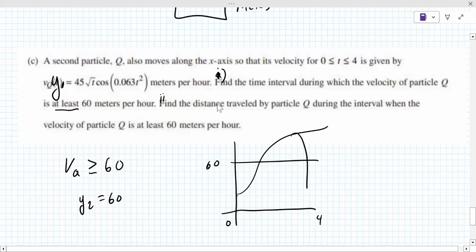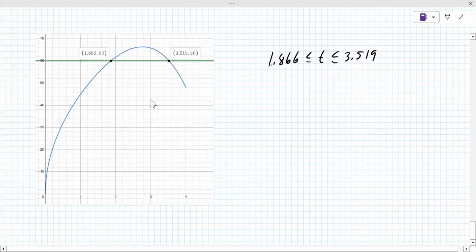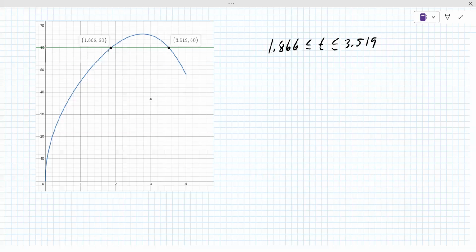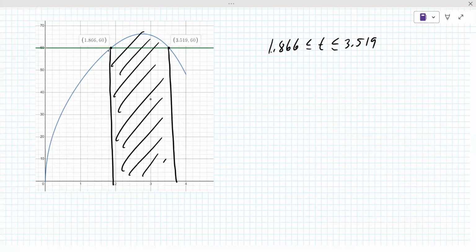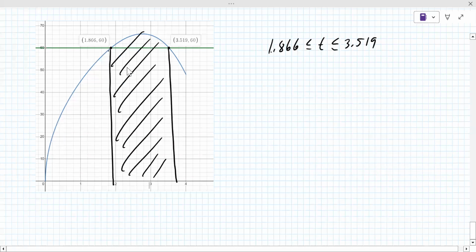The graph here is pretty important because what they're asking for is now the area under the curve from those two regions.